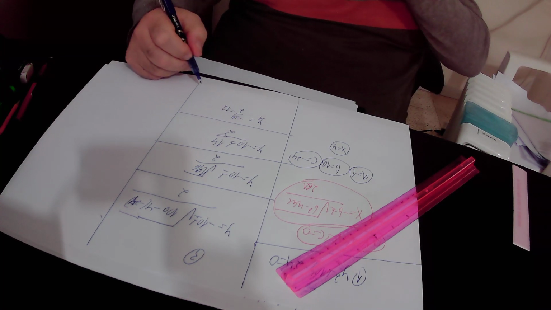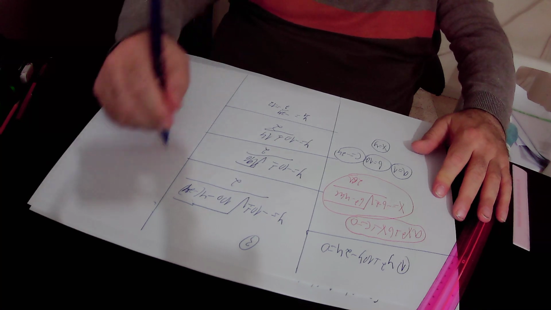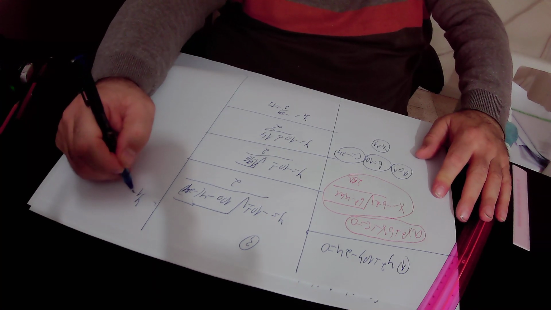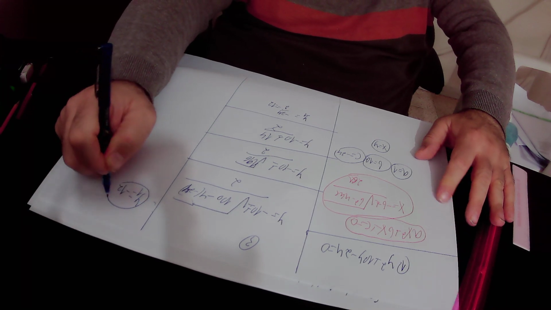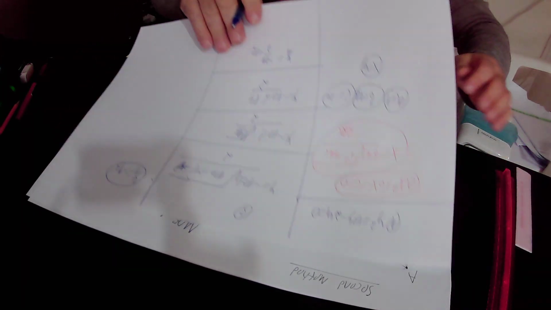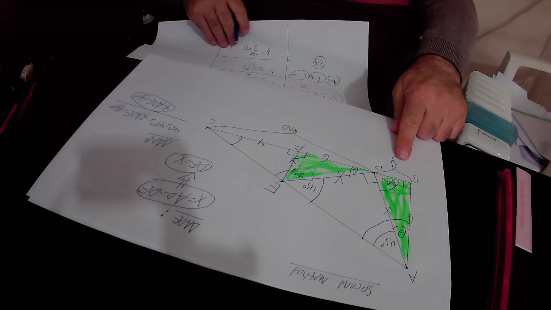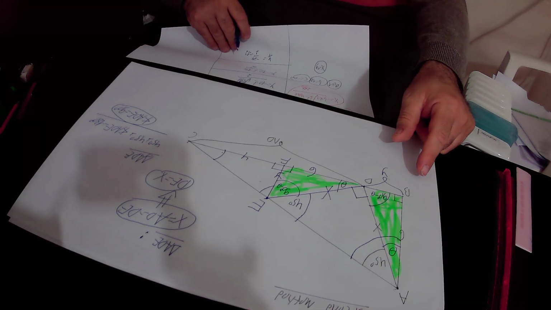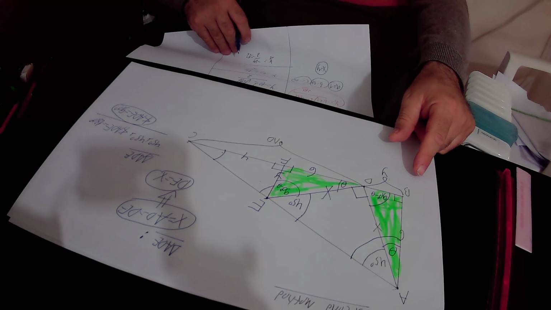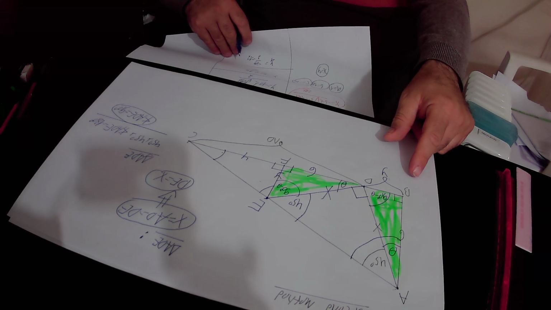So we found out that the first solution is y equals minus 12. This is a negative solution. But because y is the length of side BD of triangle ABD, it must be a positive number.